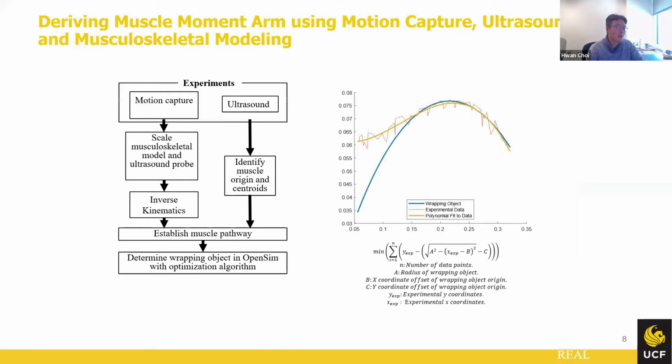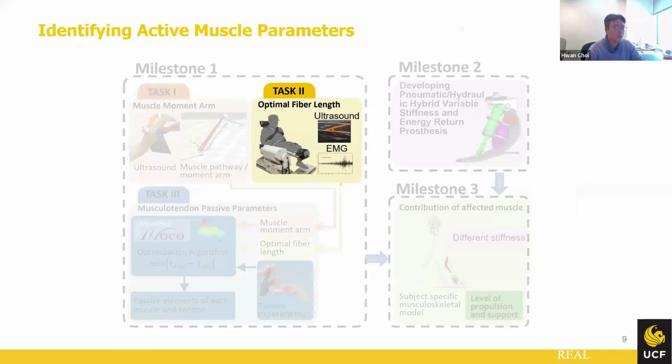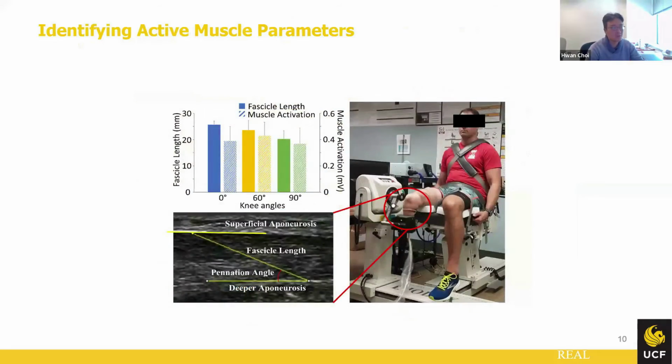And in order to accurately represent the muscle pathway, we are using optimization algorithms to generate the wrapping object that constrains the muscle pathways. Later, we will also need to figure out the active component of the muscle.